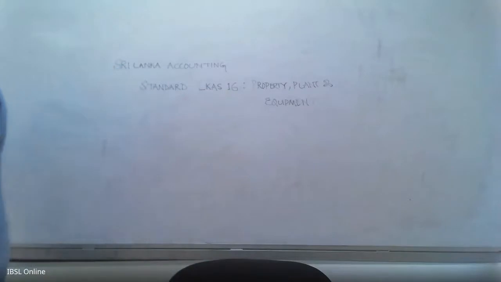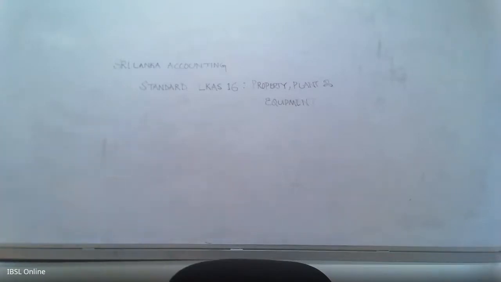Likewise, for every accounting standard that we learn, you need to be in a position to write the name of the standard. Sometimes the question will be directly asked, what is the relevant accounting standard? When they ask that, you can't just say LKAS 16, or just say property, plant, and equipment. That's incorrect.